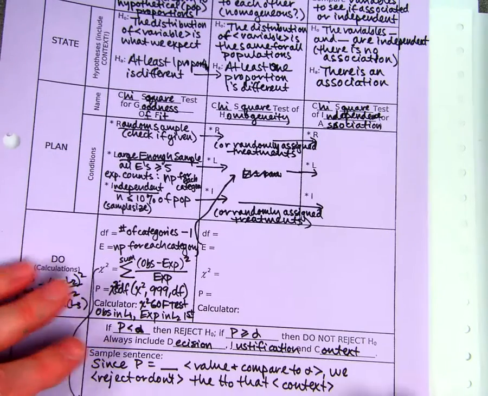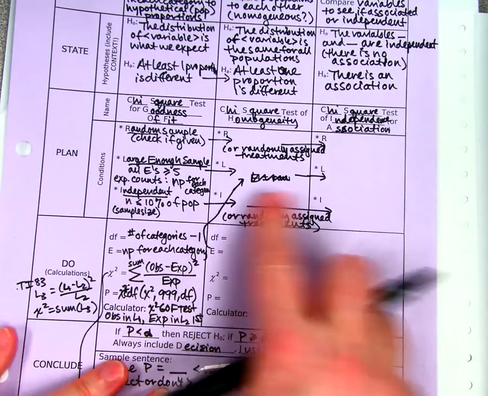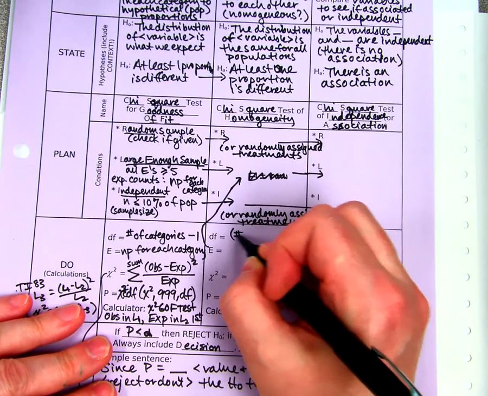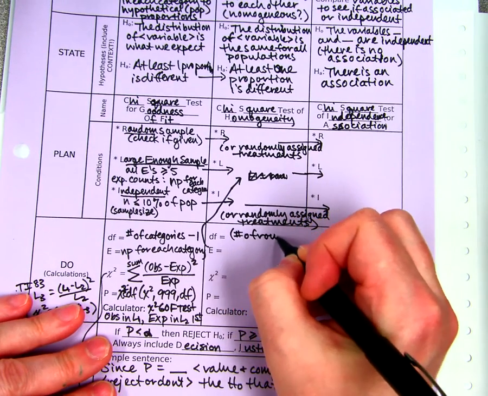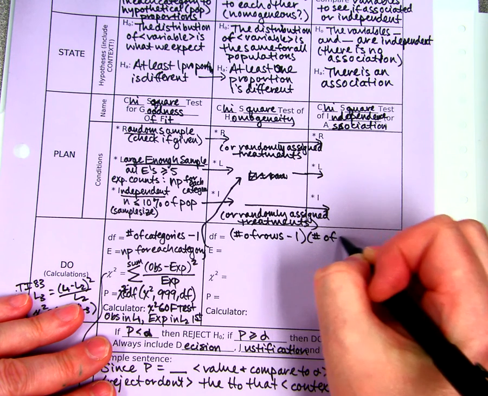The calculations are different. So let's talk about calculations. They're almost the same, but not quite. So the DF for both homogeneity and independence is the number of rows minus 1 in your two-way table times the number of columns minus 1.